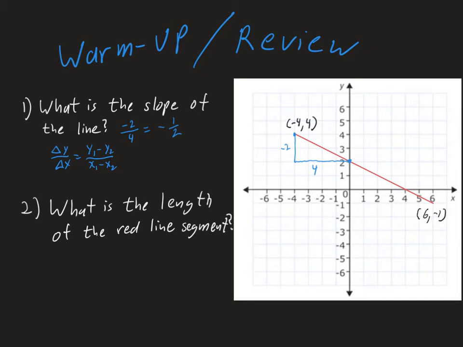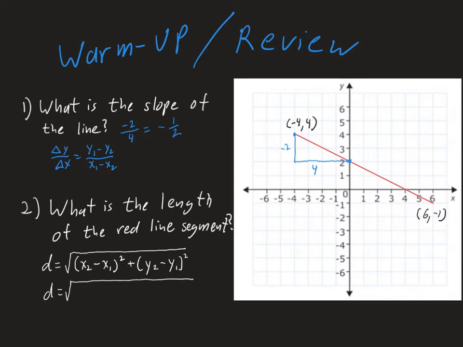Okay, so there's really 2 main ways of finding the length of this line segment. The first one is using the distance formula, which is this kind of messy looking formula here. So the distance will equal, and take the x value from one of the 2. So I'll start with this one up here. This will be negative 4 minus 6.